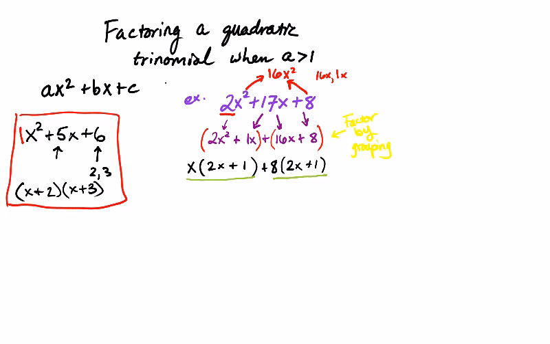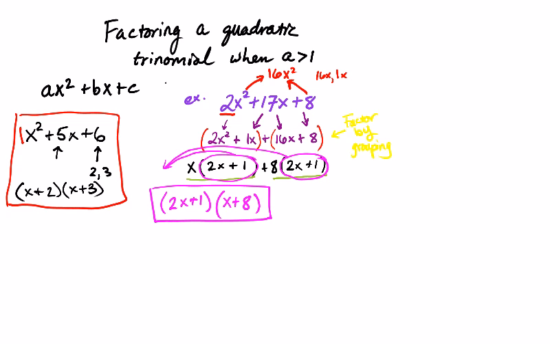And now in each of those terms there is a 2x plus 1, which you can now take out as your new greatest common factor, and you will only write 2x plus 1. Those will be gone, and it will leave you with x plus 8. Therefore, it is factored like that.